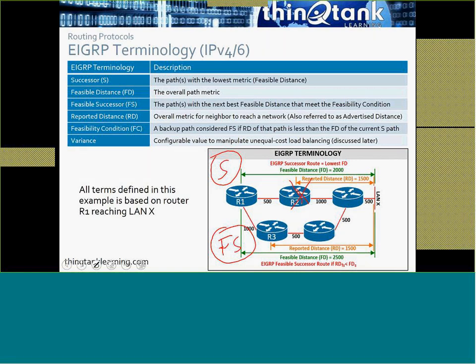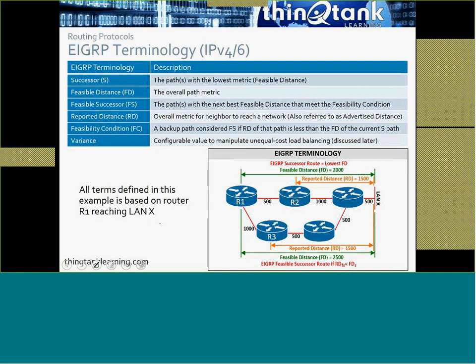There's some minor calculations that are done, but essentially convergence is almost instantaneous because we've already verified the validity of that backup path. So the feasible successor essentially gets promoted to successor. And then we might select another feasible successor if we had a third path or a fourth path or a fifth path.